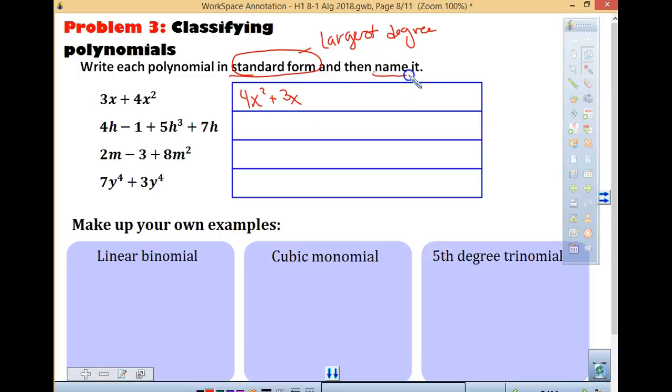Next, we want to name it. And when we name it, we are usually going to be naming it first with the degree. Okay, so when you think about it, the degree first. Then after the degree, you're going to put the number of terms. Okay, that's how we name it.